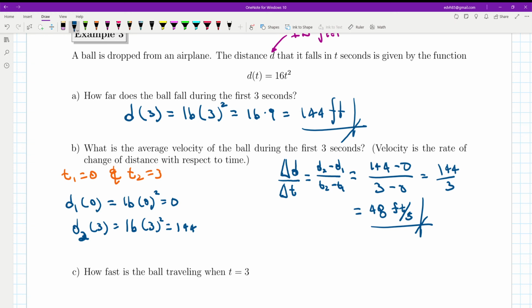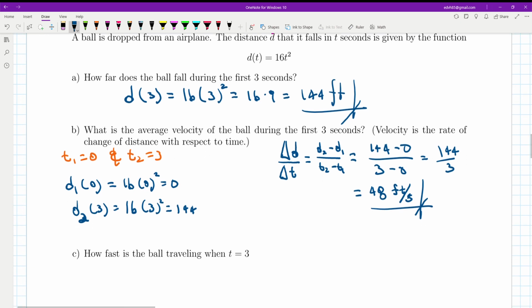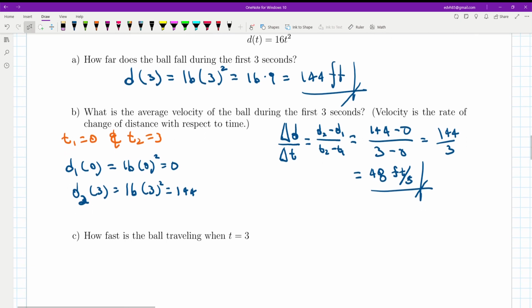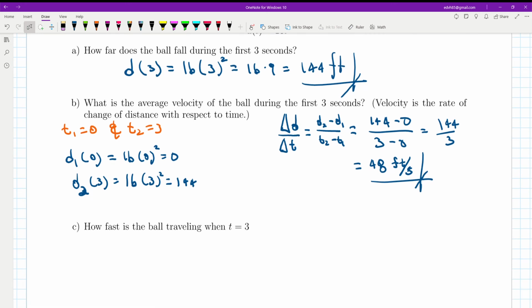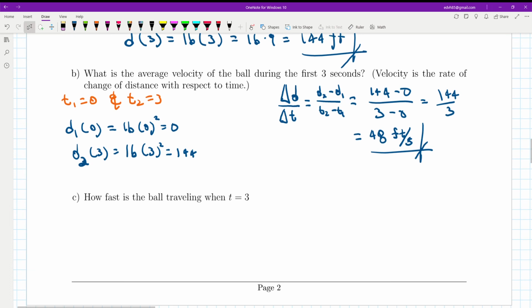Now, how fast is the ball traveling when t equals 3? In this case, we're not being asked for the average, but for a specific time. So this one we cannot tell yet.